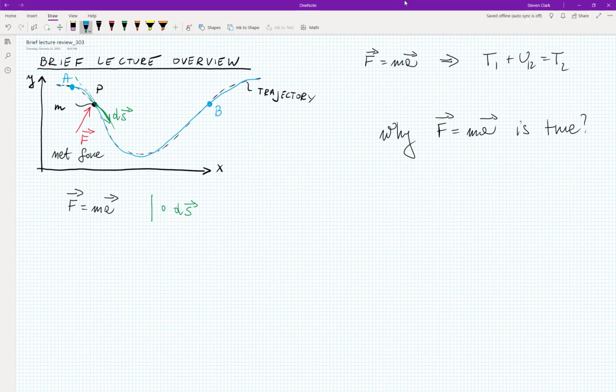So we will focus on motion between points A and B. Okay, so what do we have in here? F times ds is equal to ma times ds.